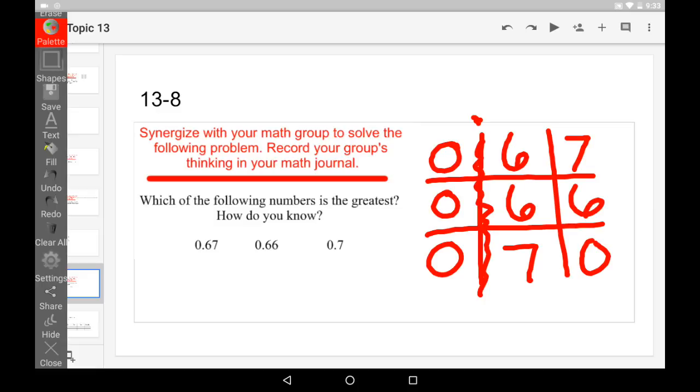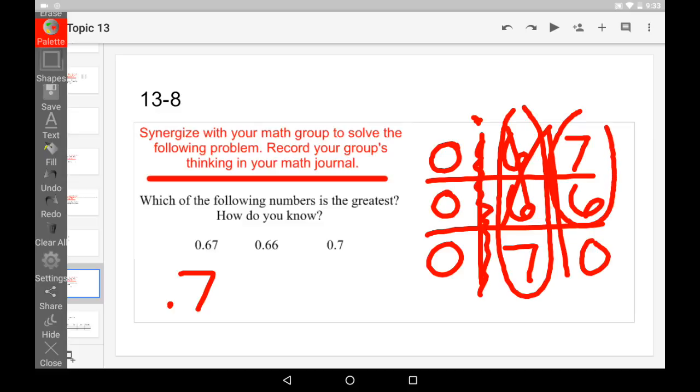So if you remember when we used our place value charts, we look at this first column first, okay? And I see I have a 7 here. So 7 is larger than these two 6's. So that would make my 7 tenths the largest number so far, okay? I look at these other two numbers and they're both a 6. That's not going to help me.